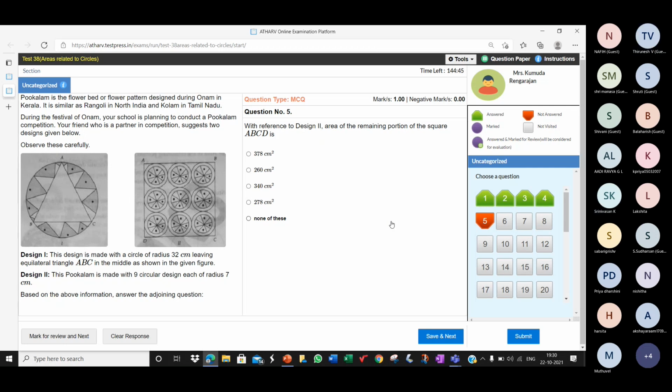We just found area of one circle is 154 centimeters square. So if you multiply by 9, you will get the area of 9 circles. So the area of the square minus the area of the 9 circles will give us the required area, the remaining portion. 378 centimeters square. Yes, ma'am.